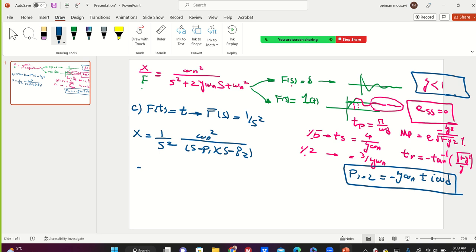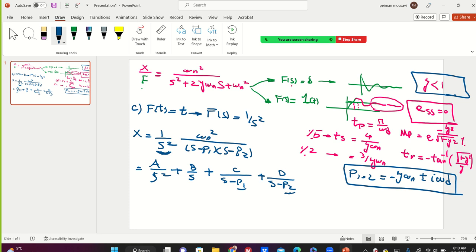So now we have to decompose this as A over s squared plus B over s, because we have 2 poles at the origin, plus C over s minus p1 plus D over s minus p2. And these are complex poles, as you see here.